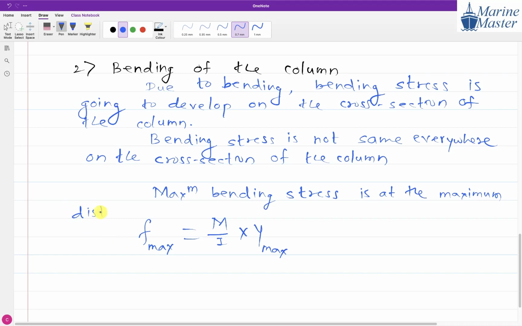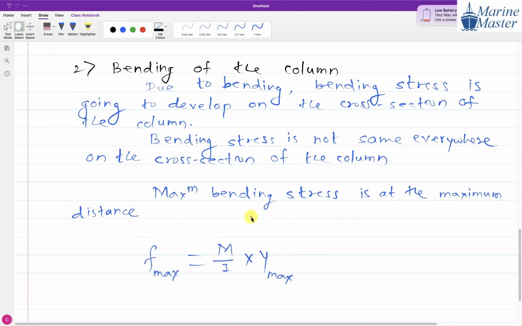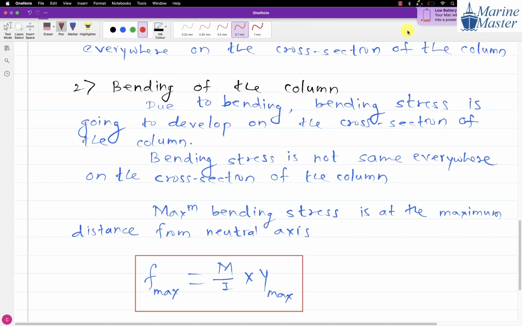Maximum distance from where? From the neutral axis. Everyone, maximum distance from the neutral axis. So everyone write down quickly.